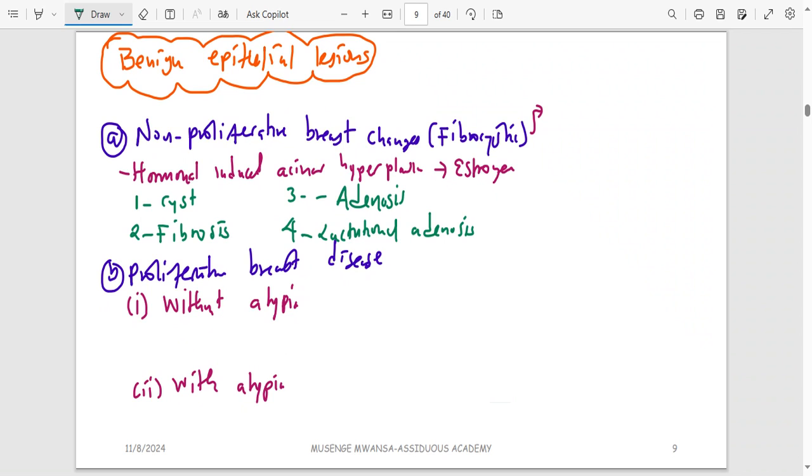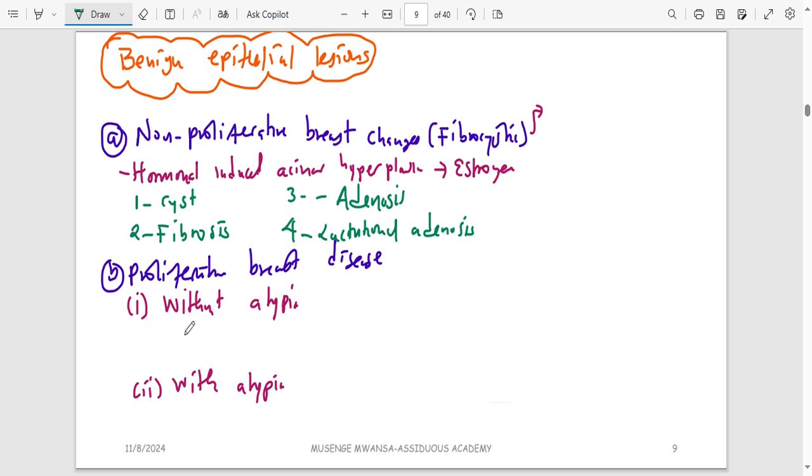That's why we're calling them proliferative. Atypia means they have characteristics of cancer, of being malignant. So those without atypia don't have the characteristics of a cancer.